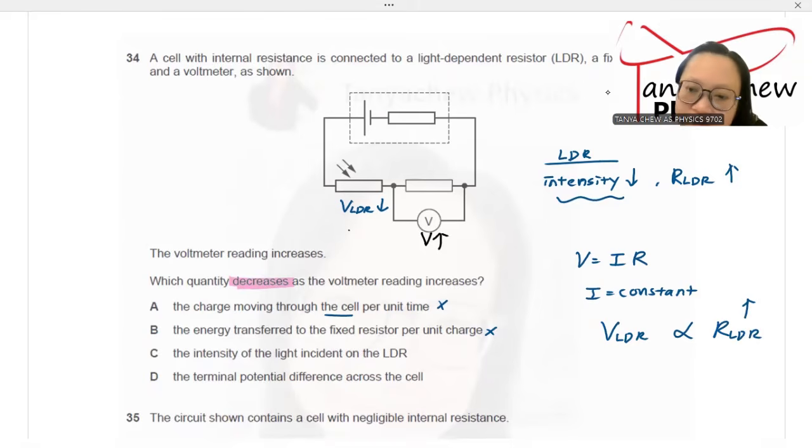Resistance increases, so the potential difference across the LDR must increase. So C cannot be the answer. Now, what about the terminal potential difference across the cell? This is decreasing. Do you know why? When the switch is closed, some of the work must be done to overcome the internal resistance. So that is why it is decreasing.